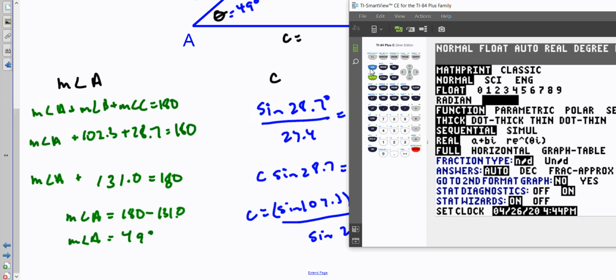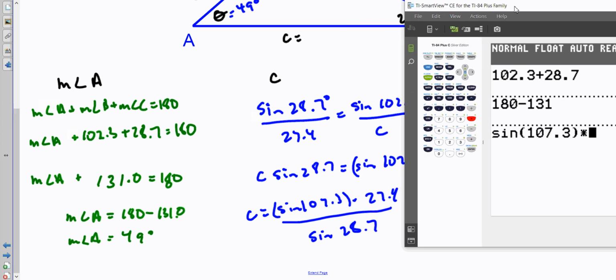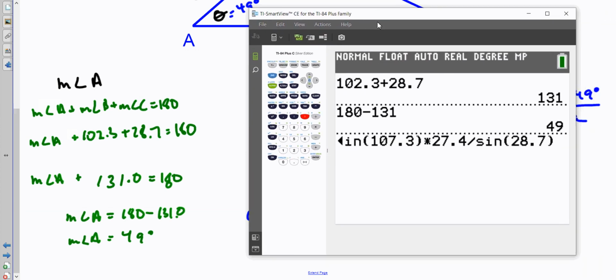All right, so I can quit, and then we're going to go sine of 102.3, close parentheses, times 27.4. And then divide that by sine of 28.7, close parentheses, and press enter.